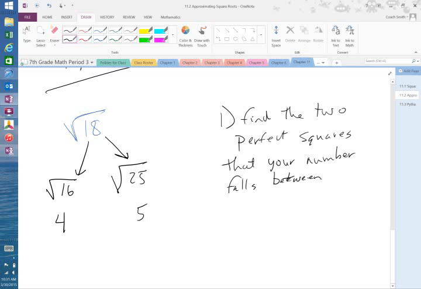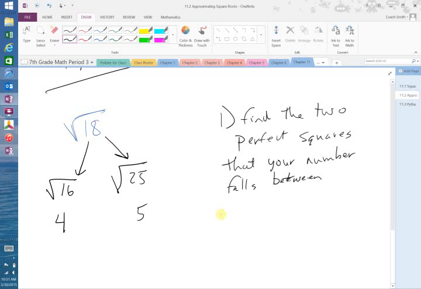So that's the two whole numbers, or the two perfect squares, that our square root falls between. So we know then that the square root of 18 is going to be 4.1, 4.2, 4.3, 4.4, 4.5, so on, all the way up to 4.9. We know it's not 4, and we know it's not 5.